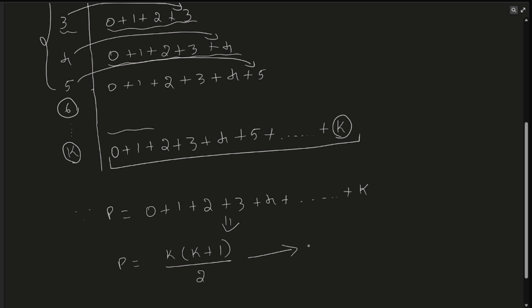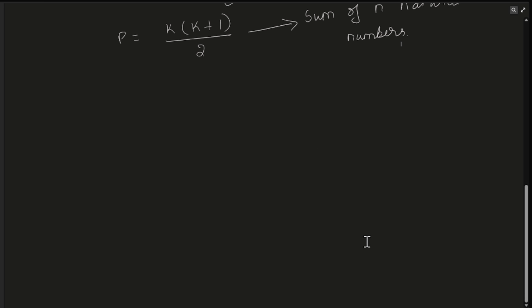This formula is nothing but the sum of n natural numbers. Our goal is to find this k, right?